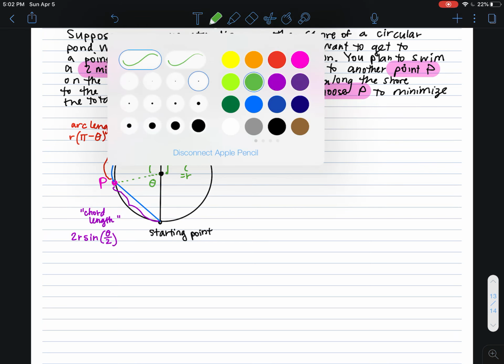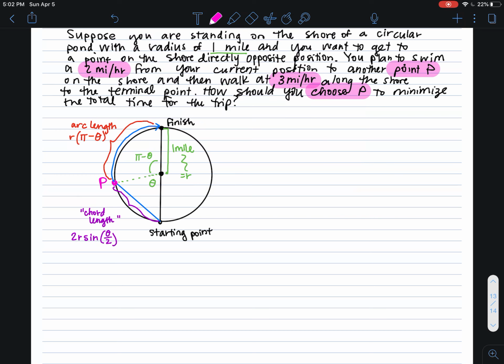Okay, so we want to minimize the total time, and I'm not going to do the have, want to know for this one because I think it's going to get pretty muddled, but we're just going to set up some equations. So we have that the total time, let me rewrite that, T sub total is equal to the time it takes us to swim plus the time it takes us to walk.